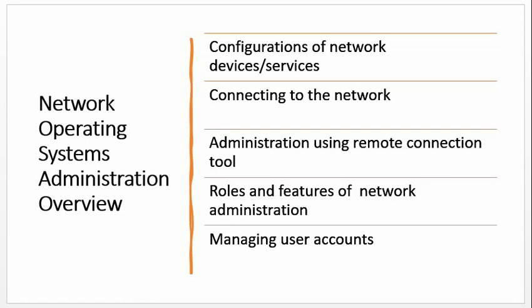I think one thing you have to appreciate as a network administrator is that one of the key things that you should be able to perform is to configure various networking components, be it hardware components or software components. So you should be able to appreciate and understand how various devices are configured for them to function on a network.